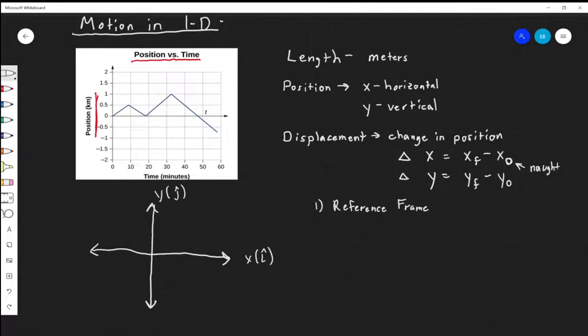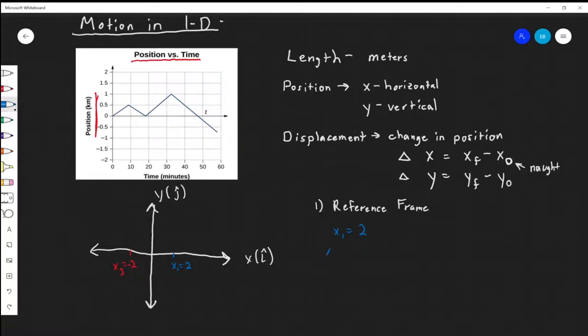I can denote some different positions. I could denote the position x1, let me say, is equal to 2. So I'm going to have x1 equals 2, and I'm going to have a position x2 equal to negative 2. And these are both positions. Okay, so x1 is at the position 2.